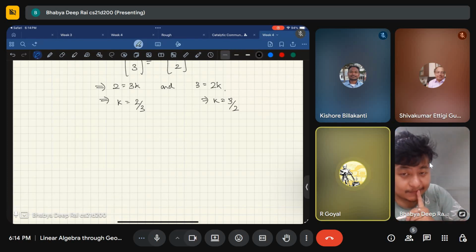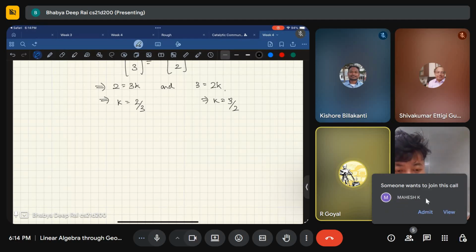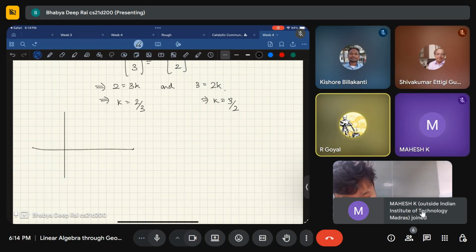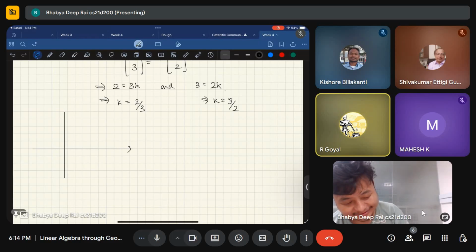So the first vector is two steps towards the x-axis side and 3 steps towards the y-axis side. And the second one would be 3 steps towards the right side and 2 steps upside.